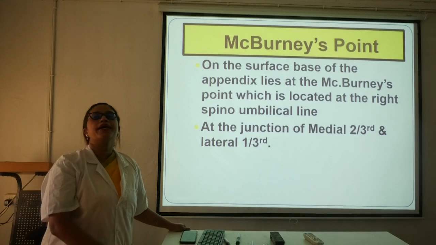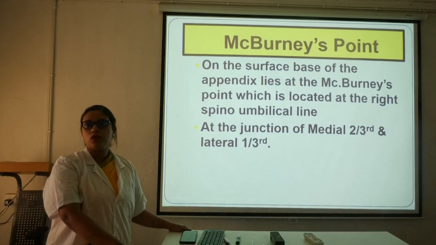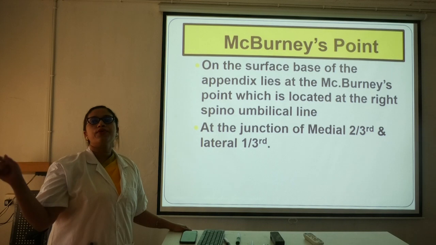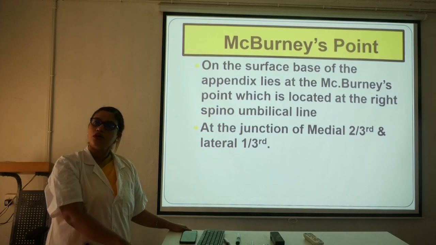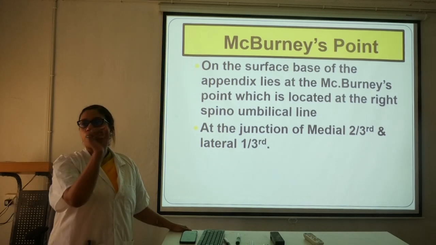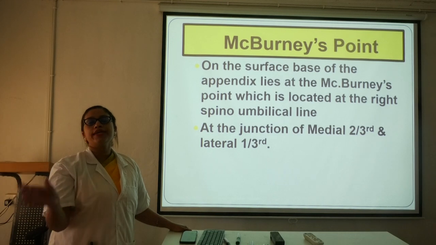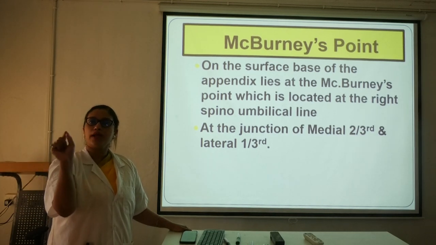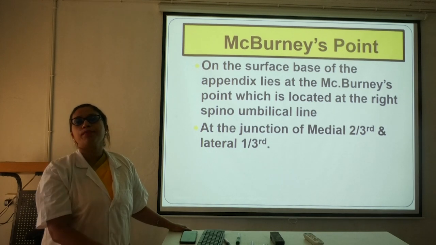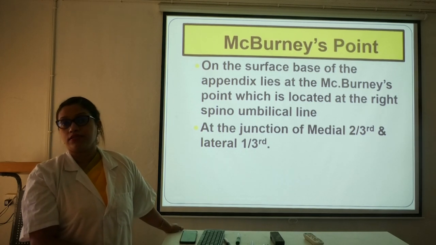Anterior superior iliac spine, the iliac crest part, ilium part. Okay, so one point you have to take from the ASIS, anterior superior iliac spine, up to the umbilicus. You have drawn one line. Now you will take the medial 2/3 and lateral 1/3. So you will get 1 point. So that point is the maximum point of tenderness.